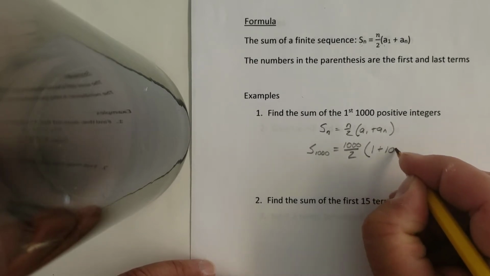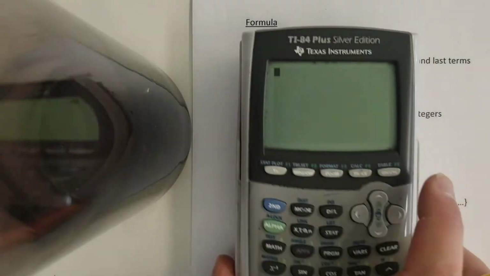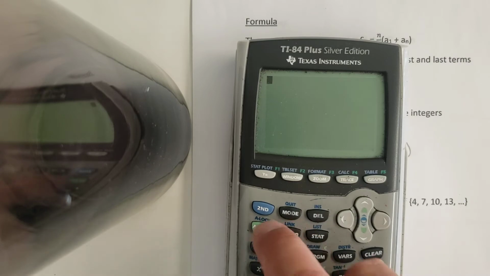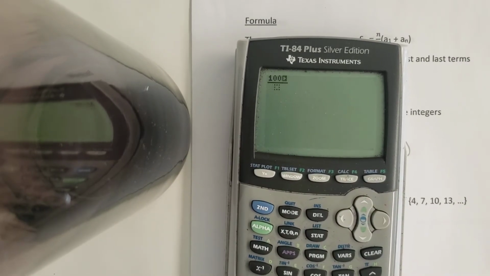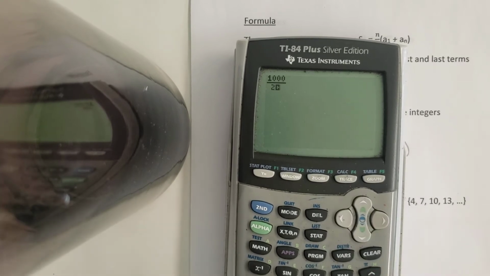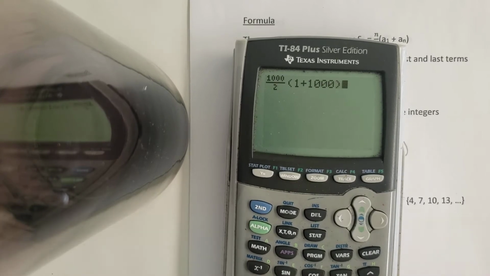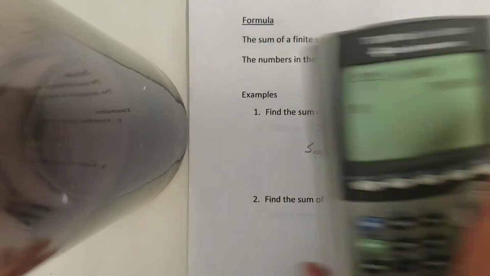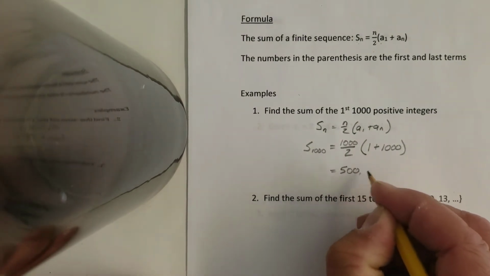The last positive integer is 1,000. And we can always do that on the calculator. We've got our fraction, 1,000 over 2 times 1 plus 1,000. And our answer comes out to be 500,500. Okay? So very simple calculator work.